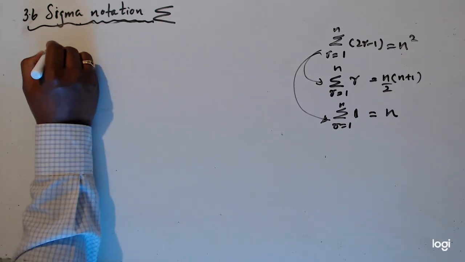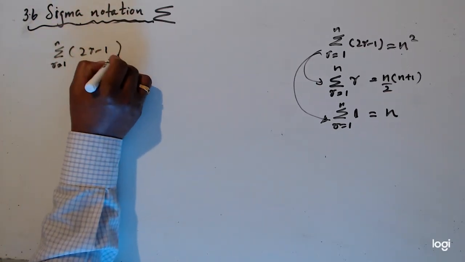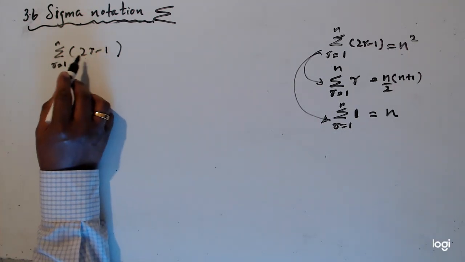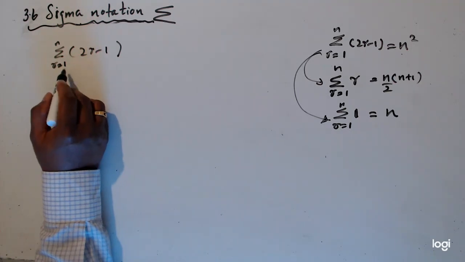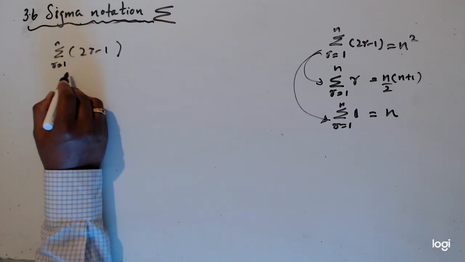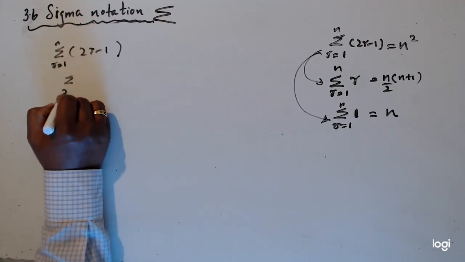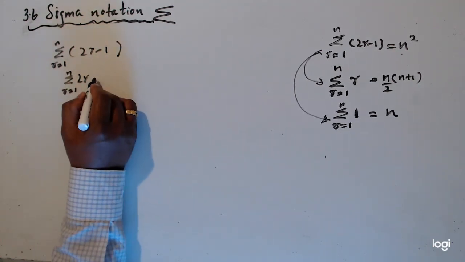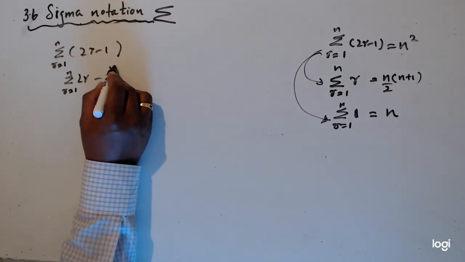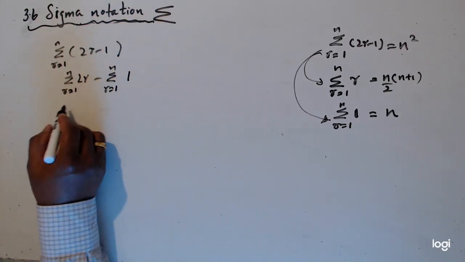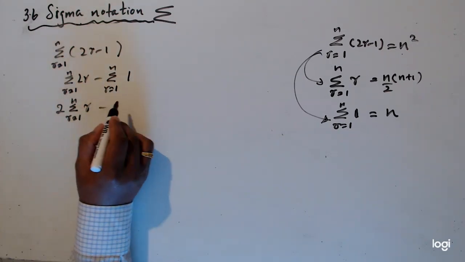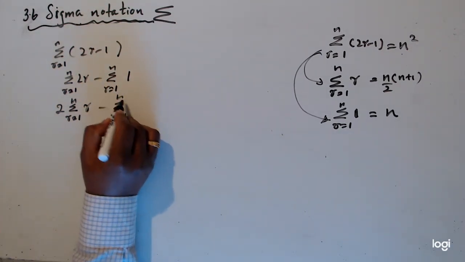Summation r equal 1 to n of 2r minus 1. So this sigma notation, it's like a multiplication. I will take this bracket out. So this is going to be summation r equal 1 to n of 2r minus summation r equal 1 to n of 1. I'm going to take this 2 out as well, it is a constant: 2 times summation r equal 1 to n of r minus summation r equal 1 to n of 1.